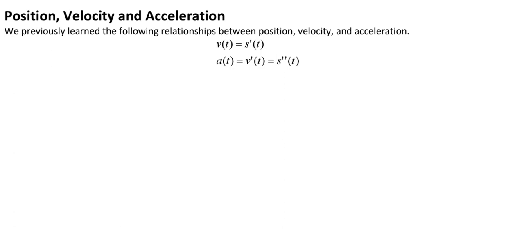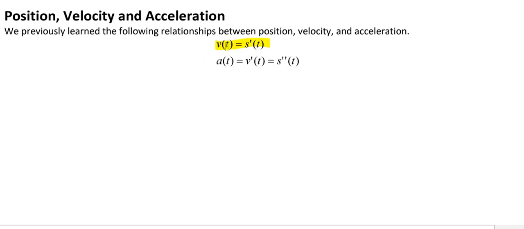In this video, we're going to take a look at one of the common applications of antiderivatives, which is related to position, velocity, and acceleration. In a previous video, we learned that velocity is the derivative of a position function.